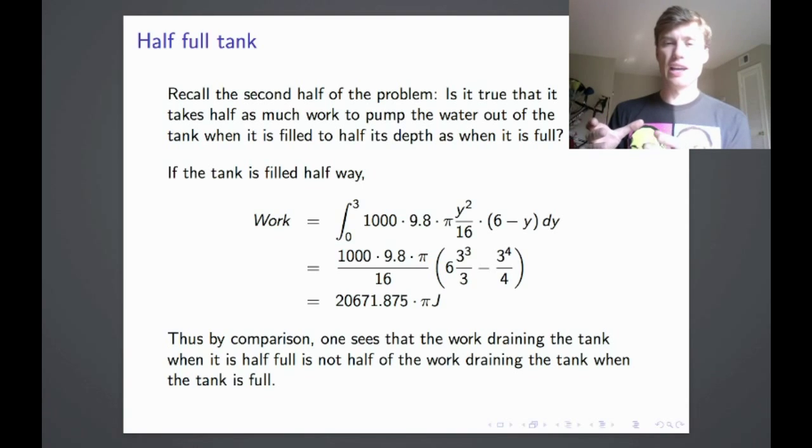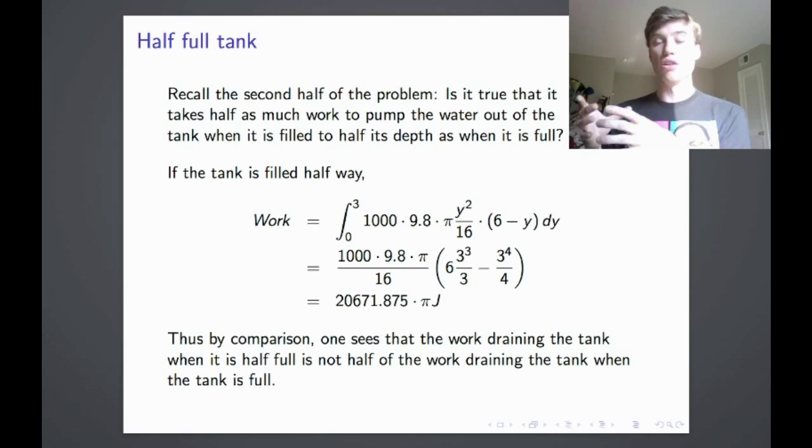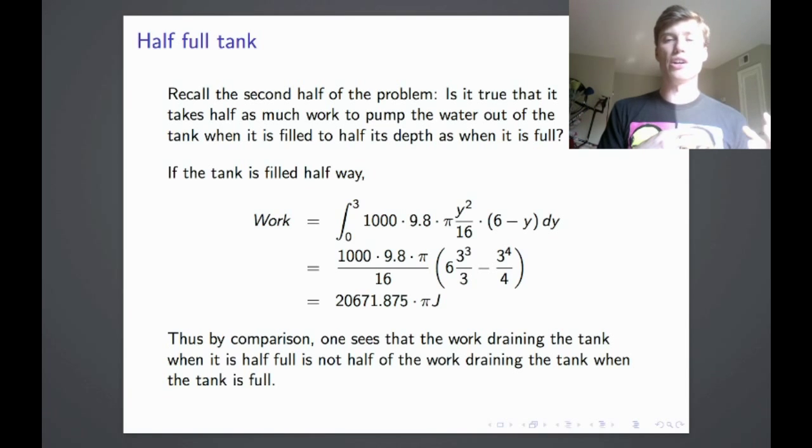So on the one hand, if you're only filling it up halfway, you're only including cross sections which are traveling further. This, you would think, would have the effect of making the work more than half. But because you are including only smaller cross sections, that has the effect of making the total work done smaller.